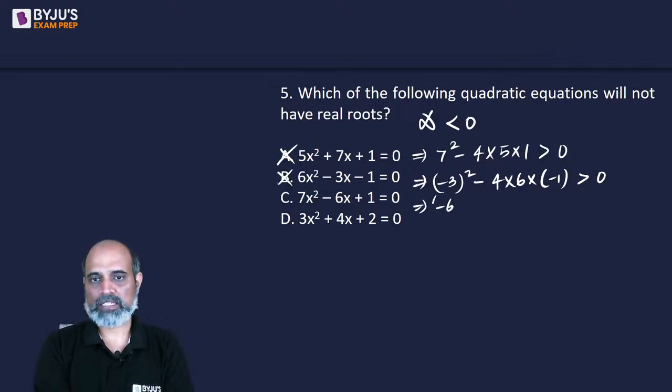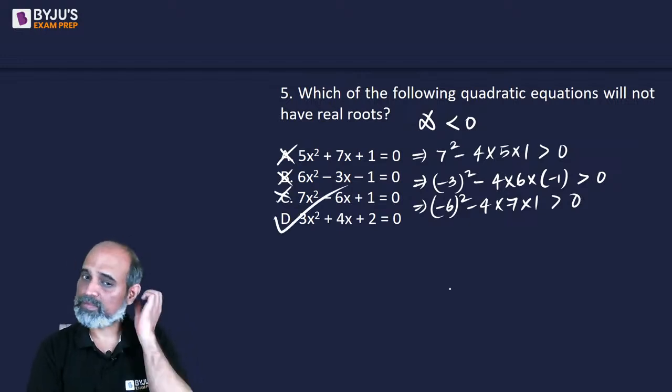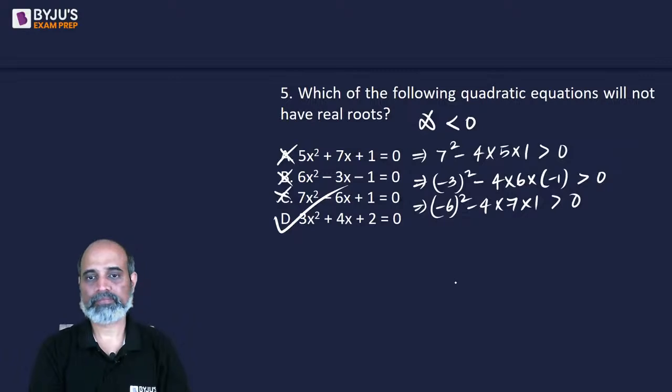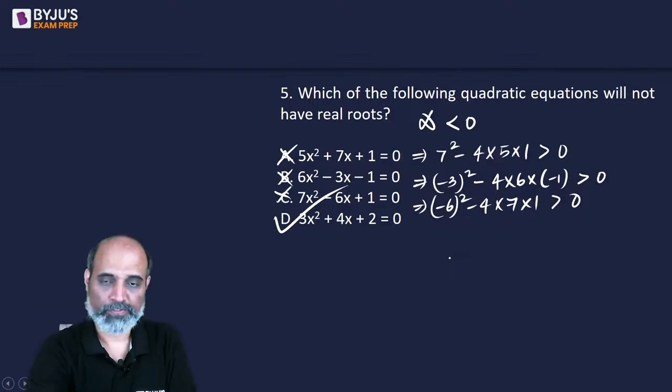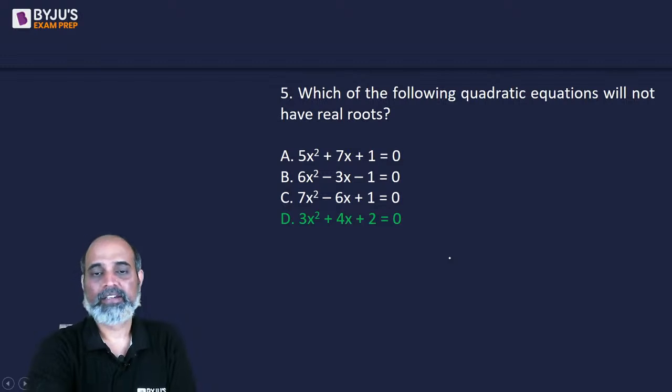Next one, minus 6 square minus 4 into 7 into 1, this is also positive. So this also won't be it. So obviously D is our answer. Right? Don't have to check. If you are confident that no calculation mistake was made in the first 3 options, then obviously the fourth one will be the answer.